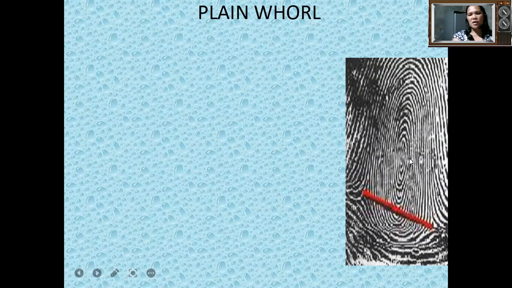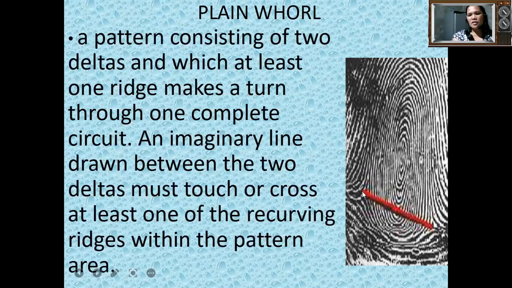It is in this way that you could easily determine whether the pattern is a plain whorl. The line connecting the left delta to the right delta touched the different circuits within the pattern area, and that is why it is called a plain whorl.